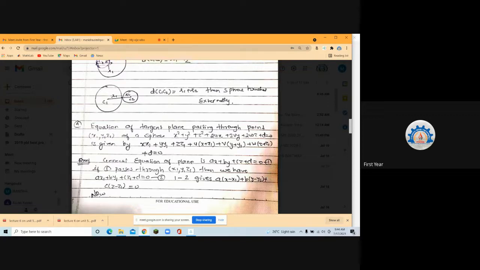Correct? So what are a, b, c now? a is x1 plus u, b is y1 plus v, and c is z1 plus w, multiplied into x minus x1, y minus y1, and z minus z1 respectively.